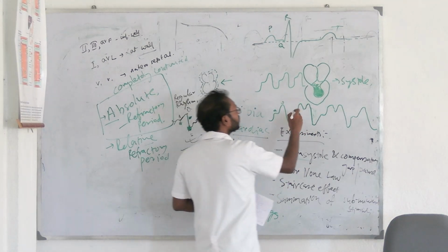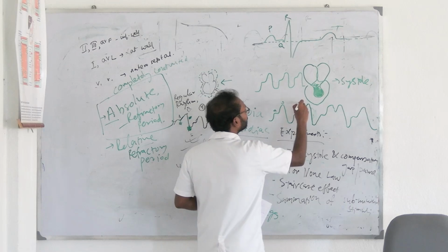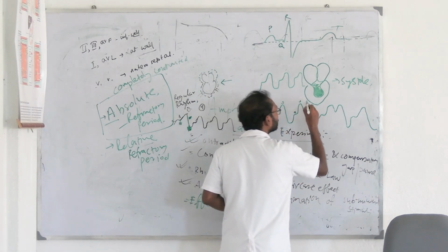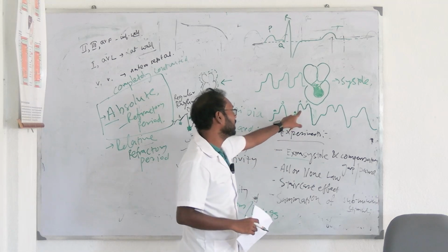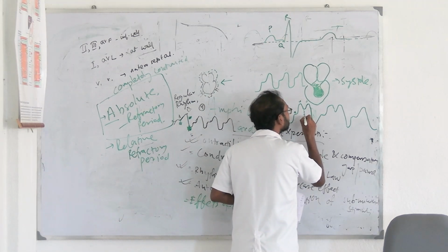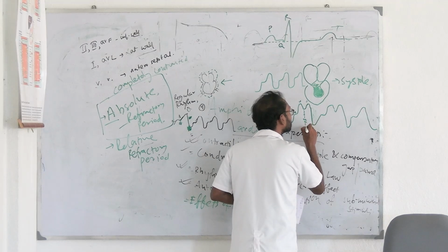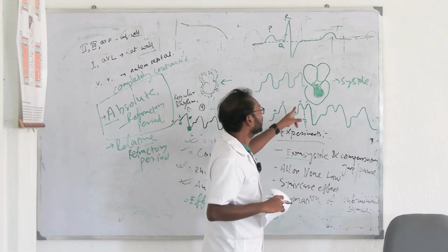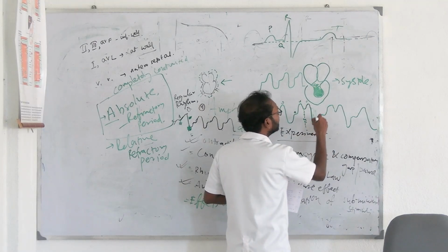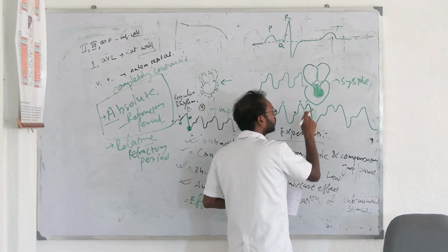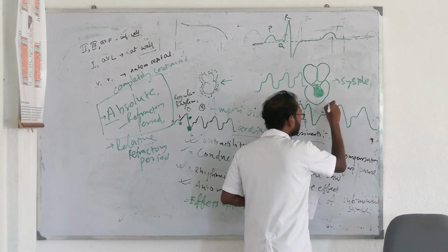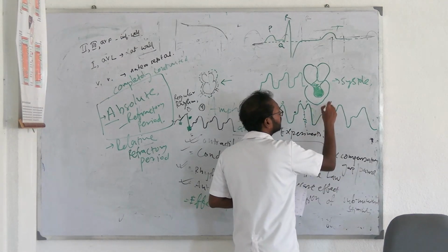So again this atrial, this ventricular, but now there is another ventricular systole, because in the middle we are putting a stimulus. This is the stimulus. Again we are putting another stimulus here. Then it comes to zero, then again the action potential forms, again atrial systole, ventricular systole, ventricular diastole starts.